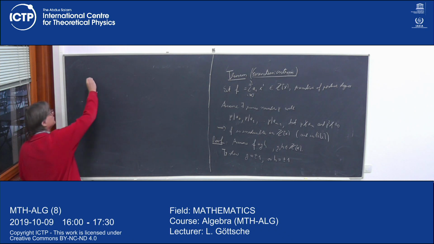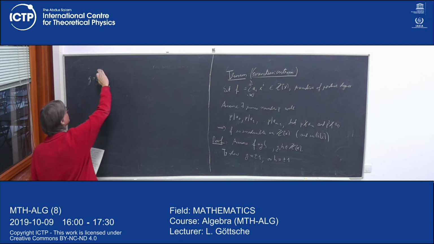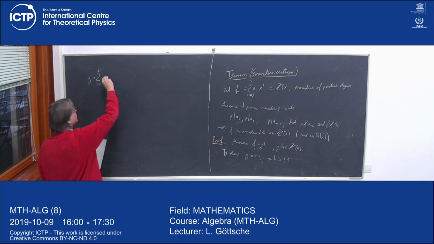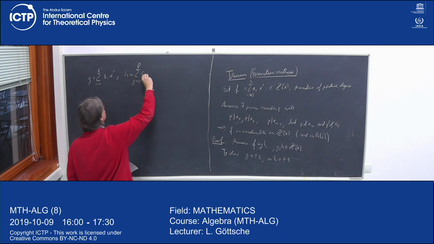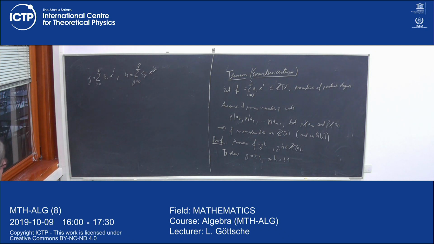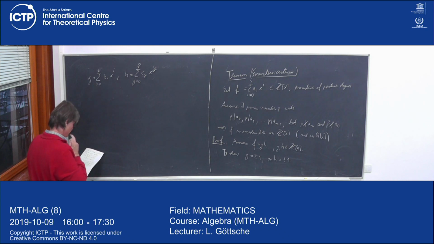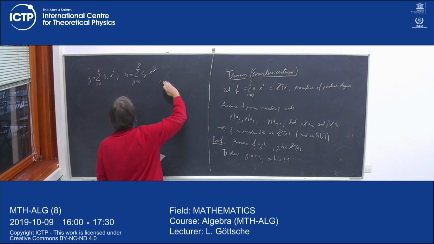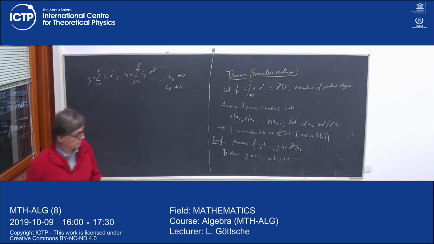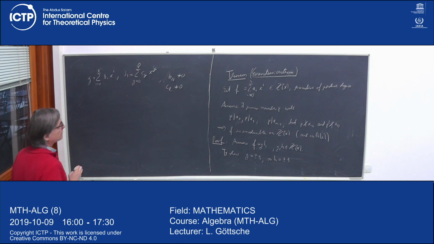I write g equal to the sum i equals 0 to k of b_i x^i, and h equal to the sum j equals 0 to l of c_j x^j, where I assume that this is actually the degree, so b_k is different from 0 and c_l is different from 0. And then obviously k plus l is equal to n.